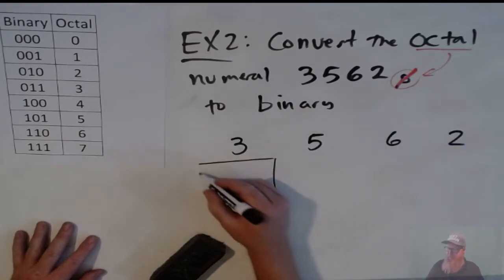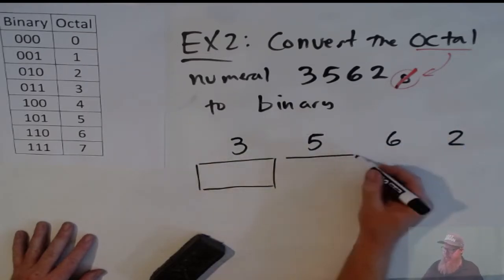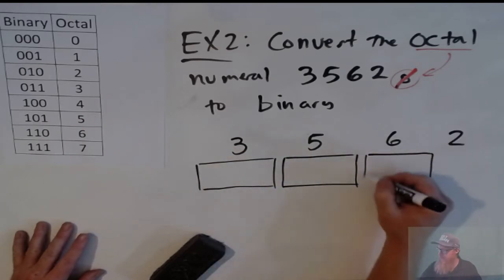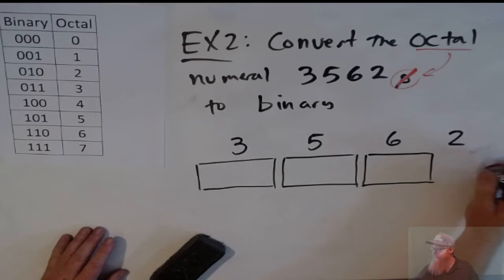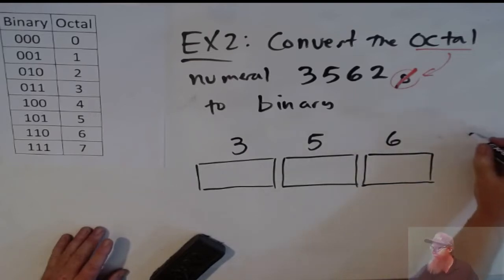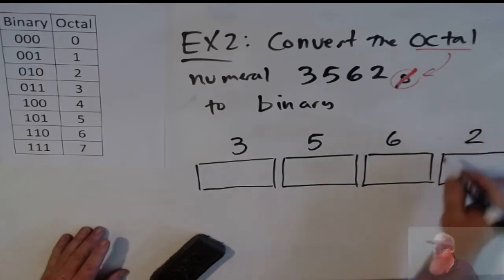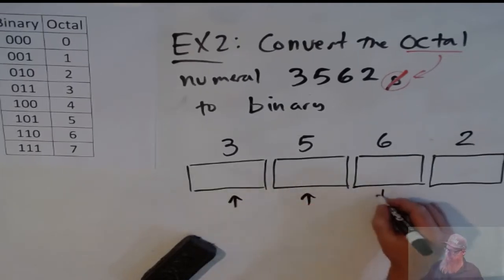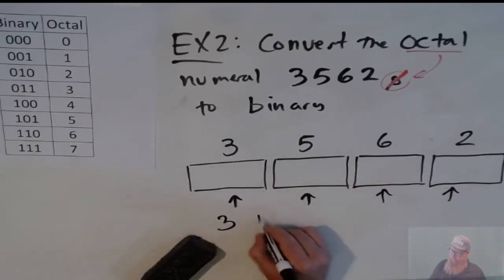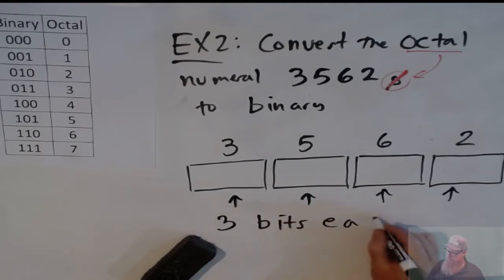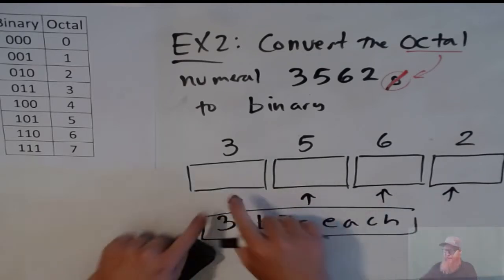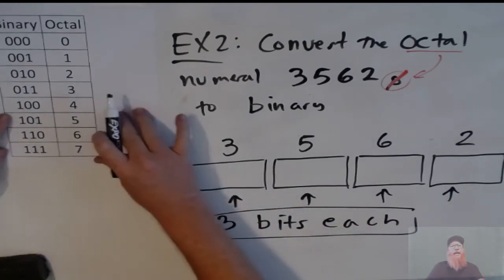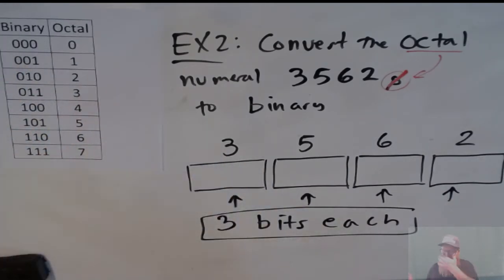So each one of these digits in octal is going to turn into a 3-bit number. 3 bits each. So each of these boxes is going to contain 3 bits. And you can either memorize these or just use this as a reference.